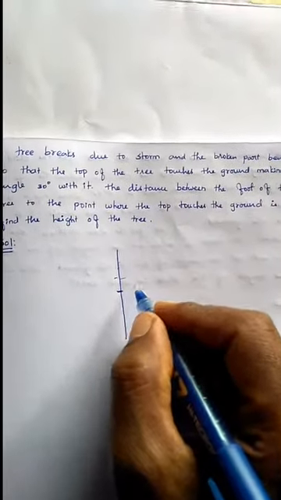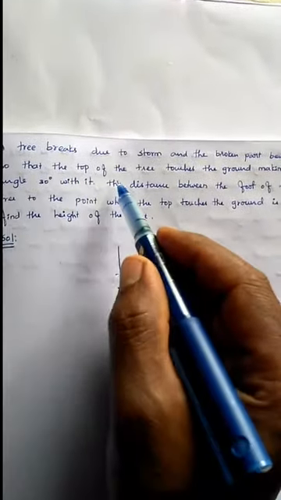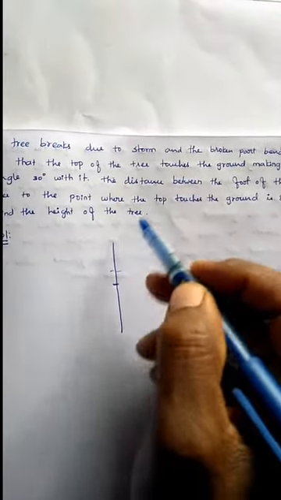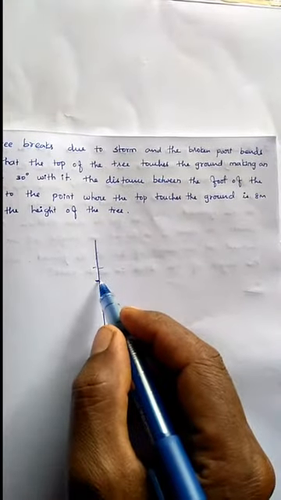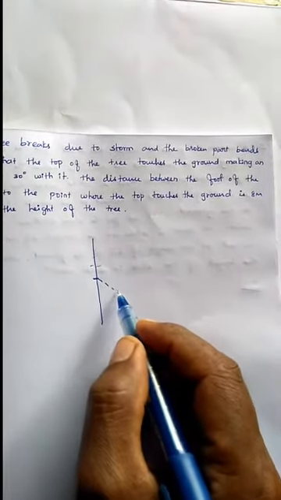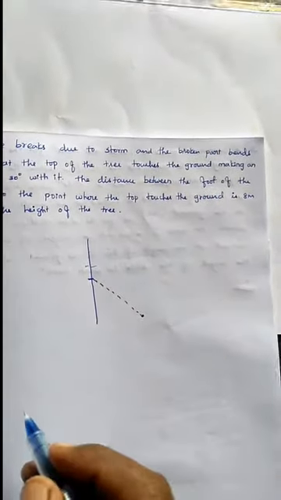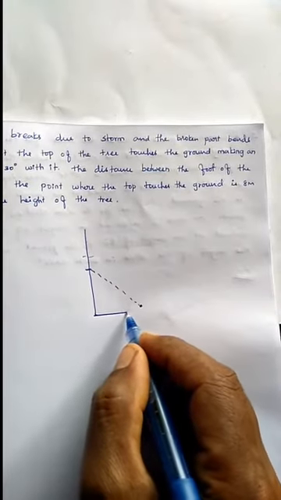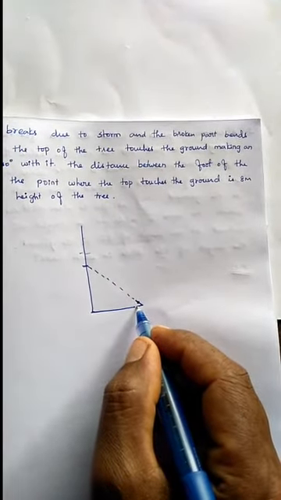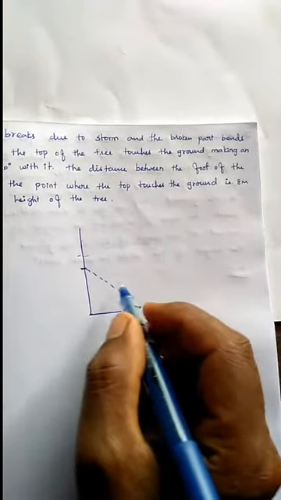So the broken part bends so that this top of the tree touches the ground. Let this be the top now touching the ground, and the foot of the tree also will be on the ground. So when you join, you get one right angle triangle. So this is the broken part.